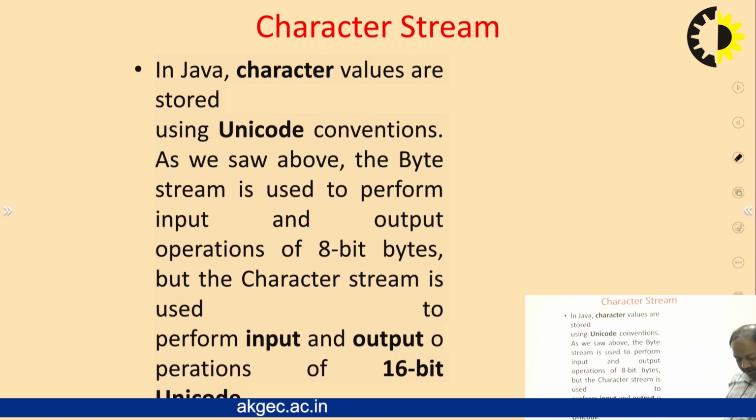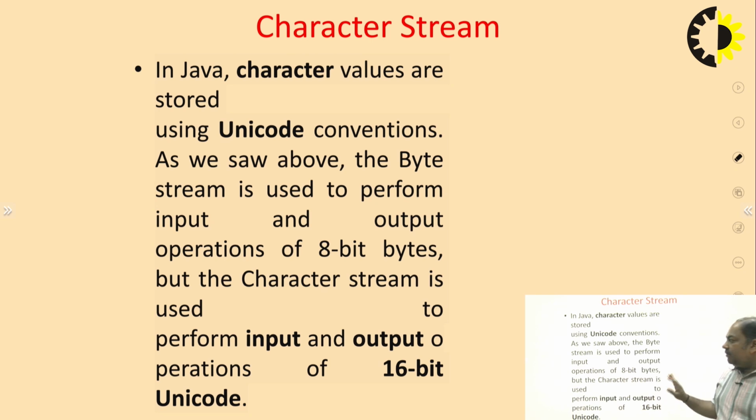Next we come to character stream. In character stream, the values are stored using Unicode conventions. In byte stream, we use 8 bits of data. We perform input and output operations using 8 bits of data. But for character streams, we perform the input operations on 16 bits of data.